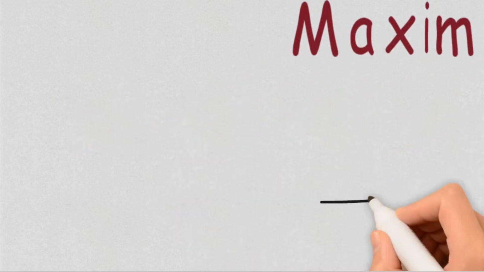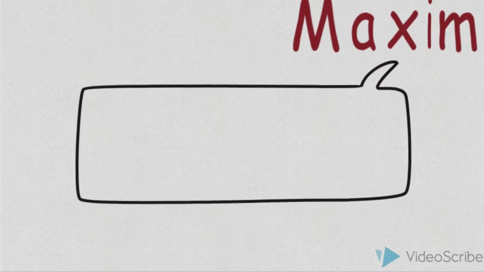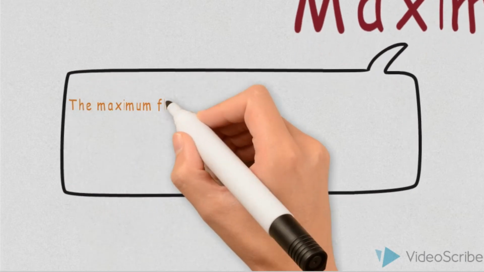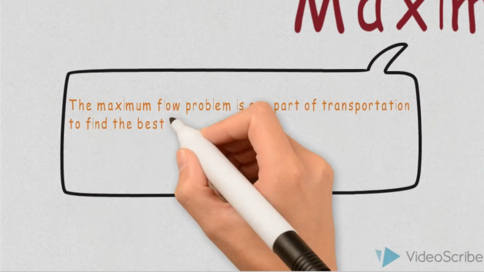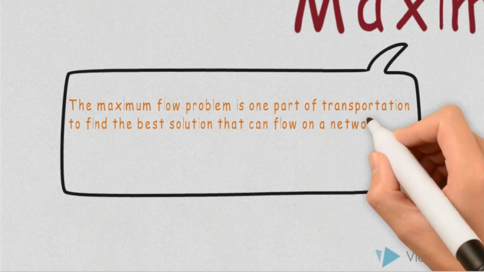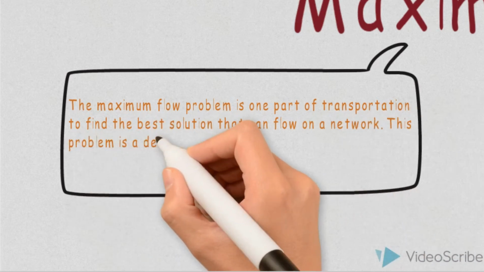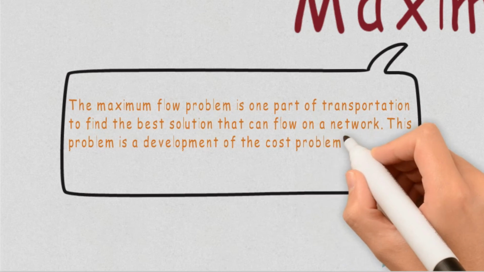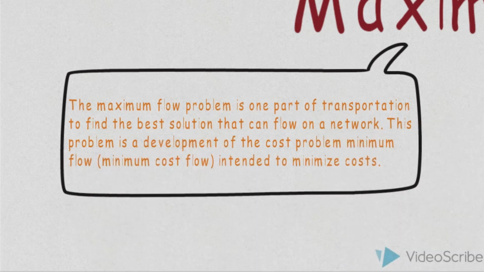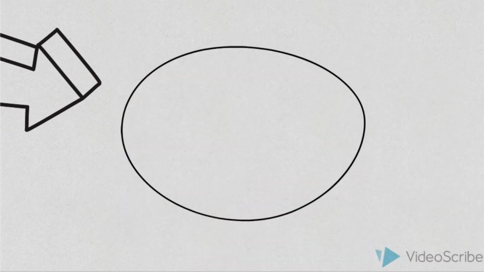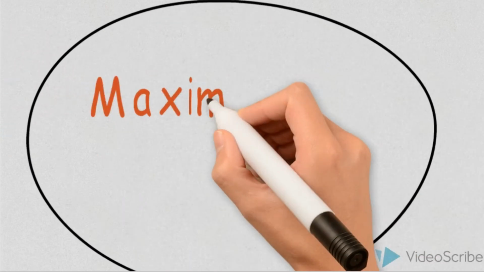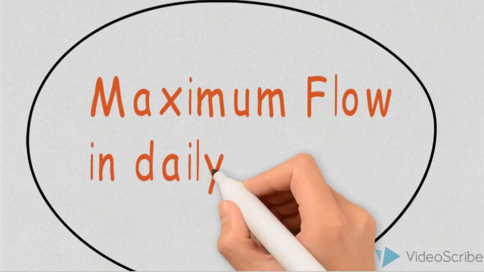Maximum flow. The maximum flow problem is one part of transportation to find the best solution that can flow on a network. This problem is a development of the minimum cost flow problem, intended to minimize costs. Here are examples of maximum flow in daily life.